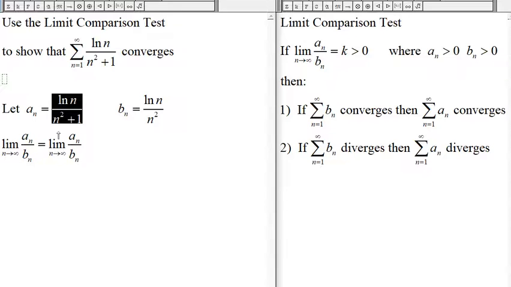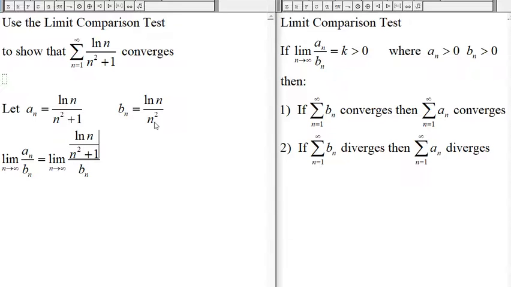So this will be ln of n over n squared plus 1, and this will be ln of n divided by n squared. And then we can simplify this as follows.